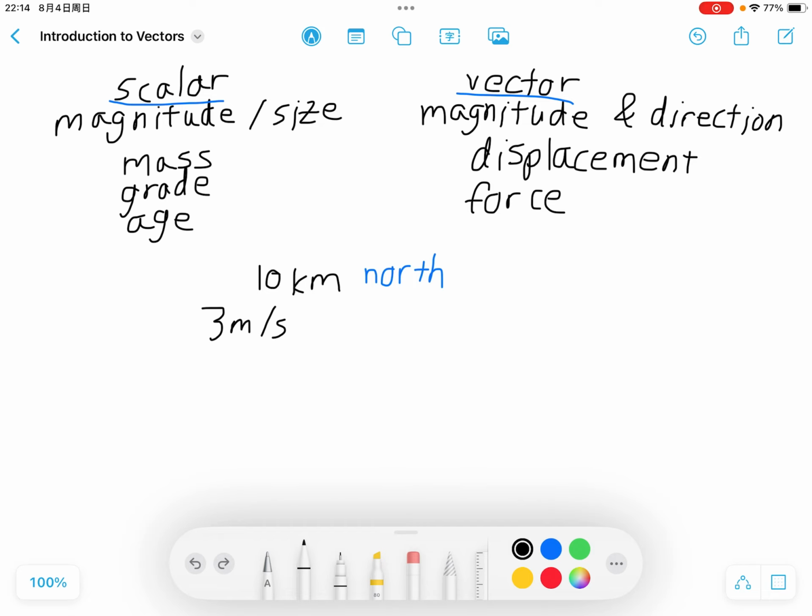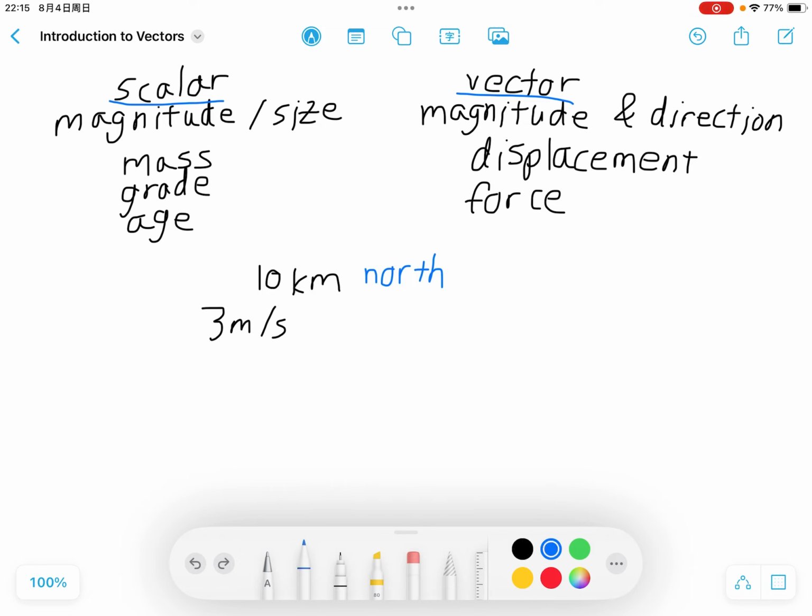Meters per second is literally just a unit. If we just ignore the meters per second, we only have a number 3. So we aren't exactly sure which direction we walked. Did we walk in a loop? Did we walk to the north? Did we walk to the east? Did we just stay on the spot? Which direction did we go in? We don't know the direction, so it's a scalar.